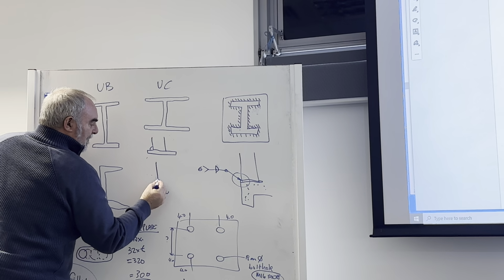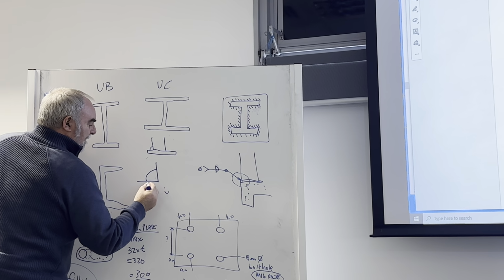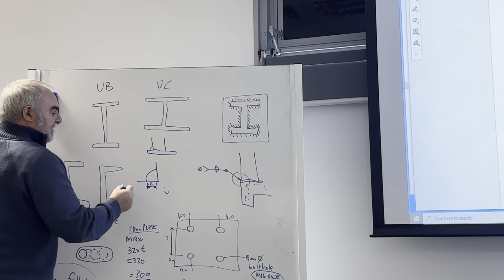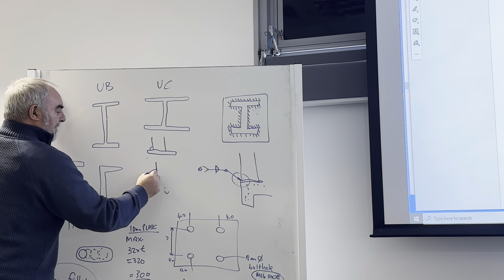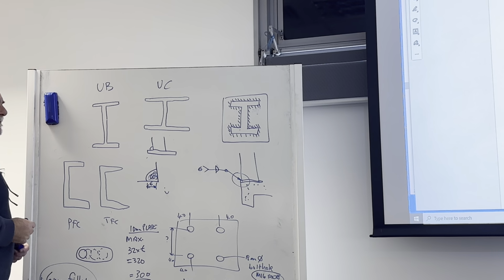If I zoomed even more in on it, that dimension there would be 6mm. And you'll see there's your weld there. You'll see that detailed a bit further on in my notes. So it's the width of the weld.